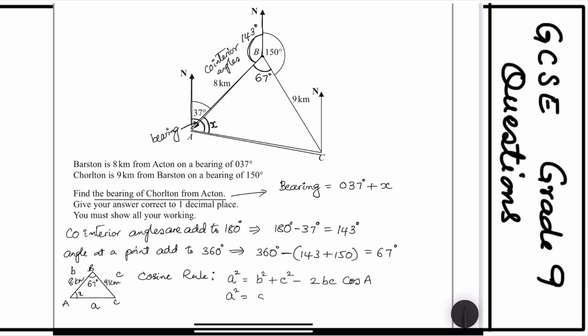So substitute all the other values. b squared is 8 squared plus c squared is 9 squared minus 2 times 8 times 9 and cos 67.